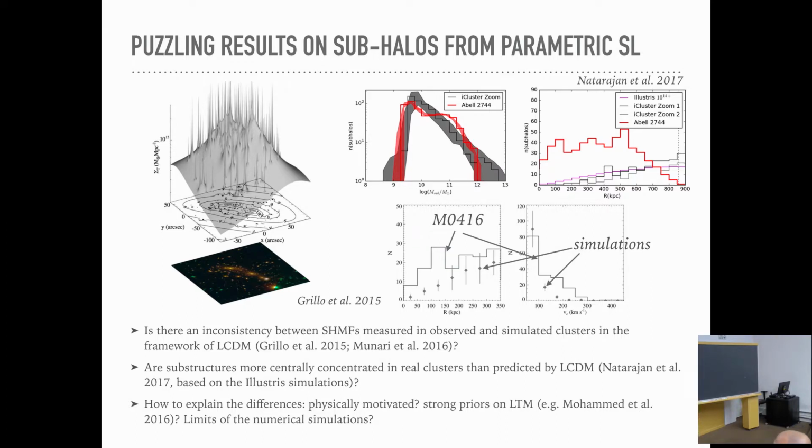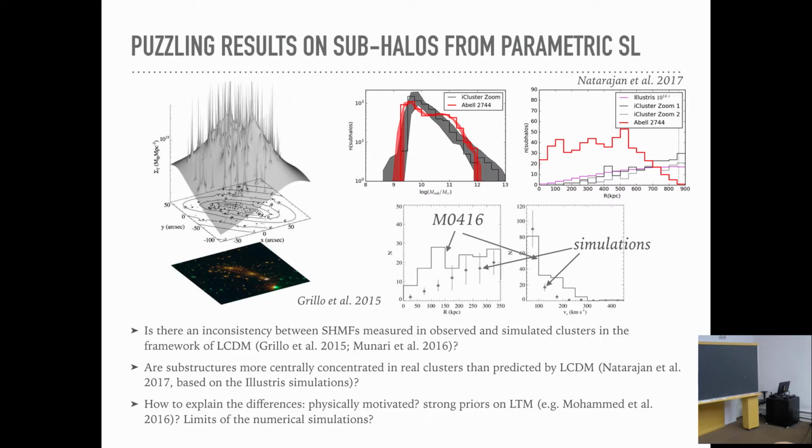Okay, so how do we explain this kind of differences? That's an open question. First of all, we want to be sure that there is such a discrepancy. So what I'm going to show you is what we have obtained by using even a different approach to try to identify this problem, which is based on the signal that the substructures that we see also in this model here produce in terms of strong lensing.